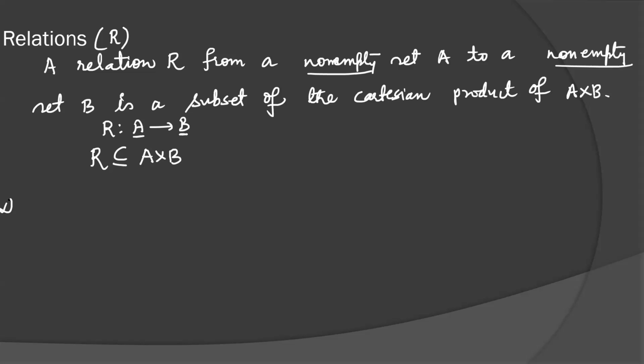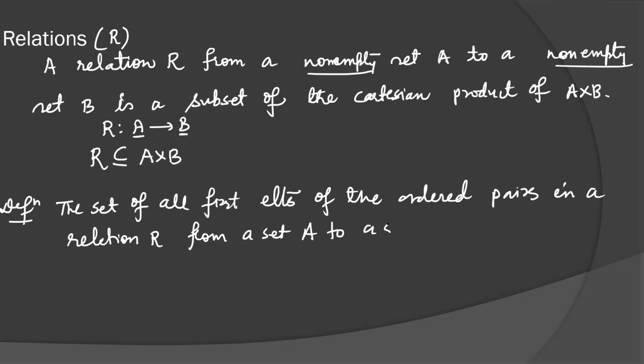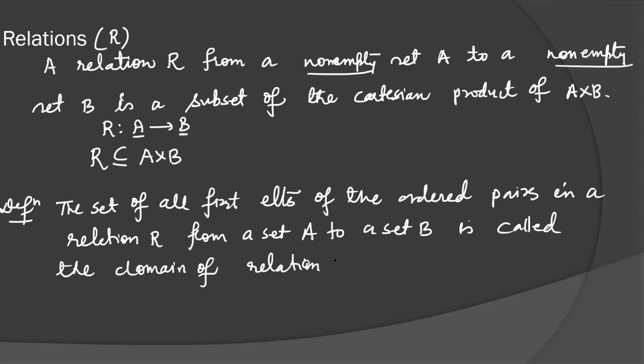Okay, let's introduce one more definition. Then we will see some examples. The set of all first elements of the ordered pairs in a relation R from a set A to a set B is called the domain of relation R. This is the definition of domain.